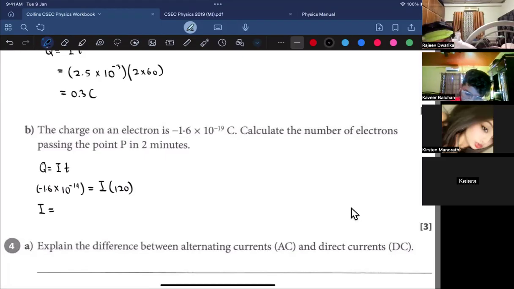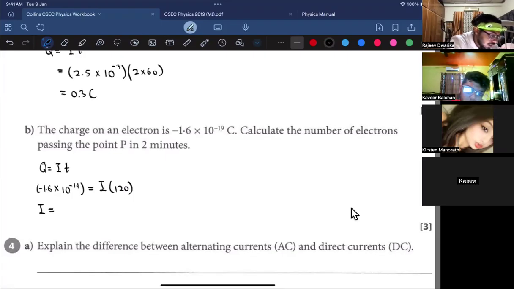Kira, can current be negative? Yeah, minus 1.3333333. Could current be negative?